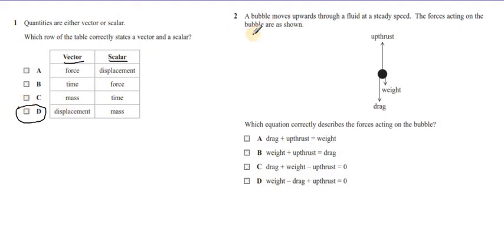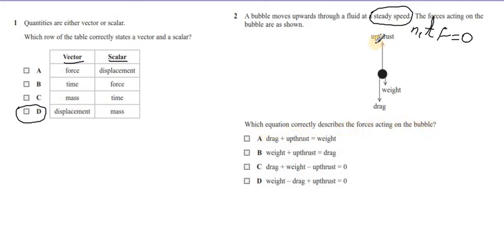Question number 2. A bubble moves upward through a fluid at a steady speed. Steady speed means constant speed, so speed is not changing. That means net force should be 0. Net force equal to 0. So the bubble is shown with all the forces. Which equation correctly describes the force acting on the bubble?